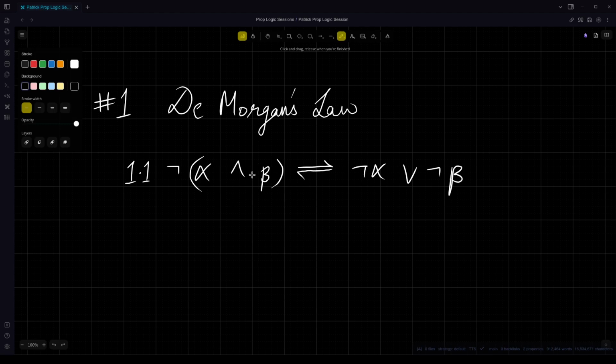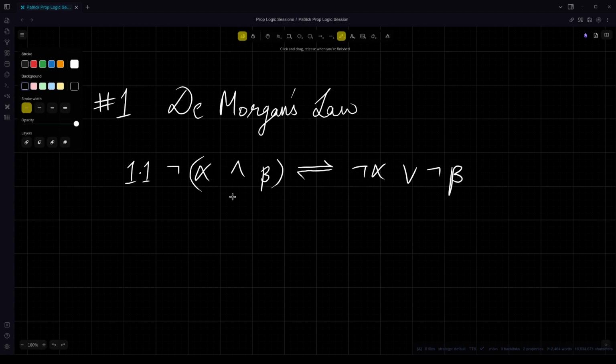To make sense of this, you can just think about the truth table of a conjunction. When we say alpha and beta, we mean that the conjunction is true. When we say not alpha and beta, we say that the conjunction is false. And a conjunction is false when at least one of the conjuncts is false. So either this is false or this is false or both of them are false. Note that this is an inclusive disjunction, right?